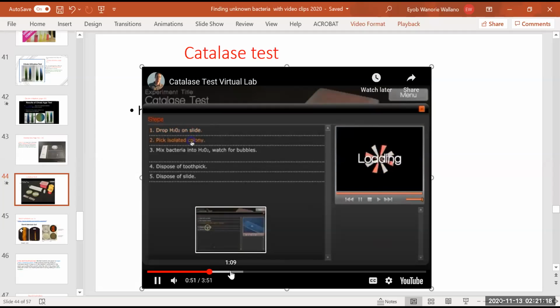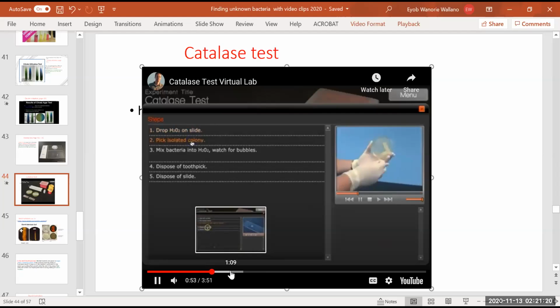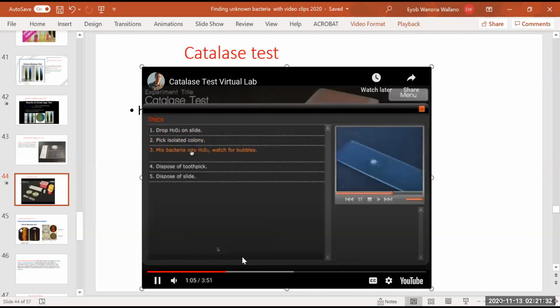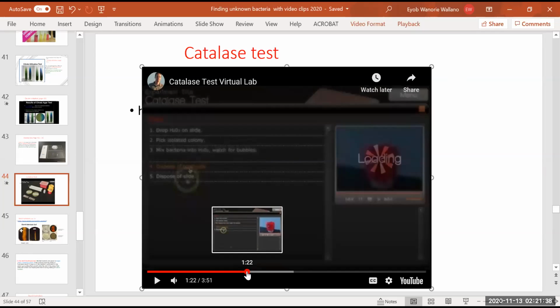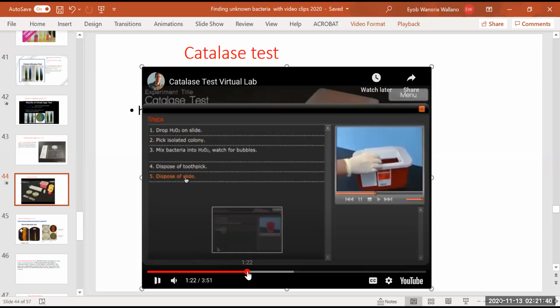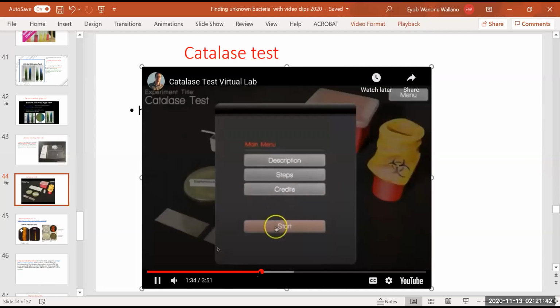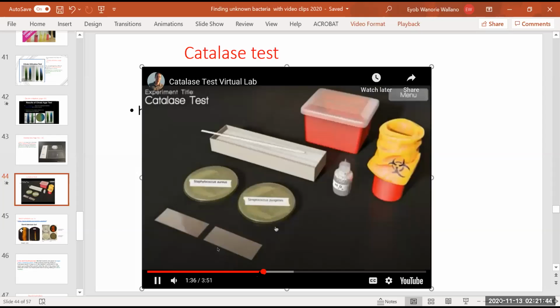Then we're going to pick an isolated colony from our plate, and mix that colony, that bacteria, with the hydrogen peroxide and look for bubbles. All right, let's get started.